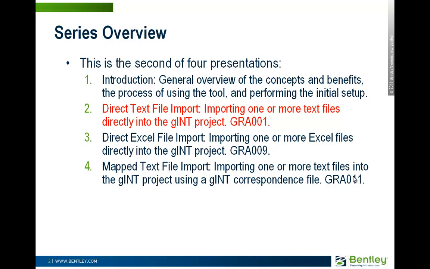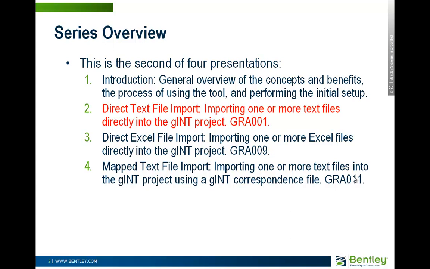Then your code would extract the data, create a temporary Gint CSV file, and then a script is run to do the import. We're calling this direct text file import because we're going to be using the final Gint project structure as the target.